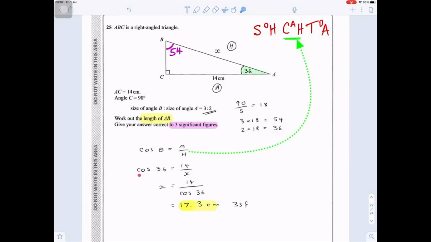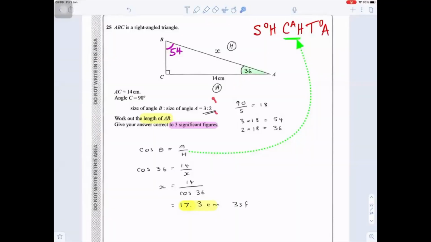So cosine of 36 degrees, adjacent is 14, hypotenuse is x. So it's 14 divided by x. To get x, you make x the subject, it will be 14 divided by cos 36. So the hypotenuse is 14 divided by cos 36, and that will give you 17.3 centimeters to 3 significant figures.